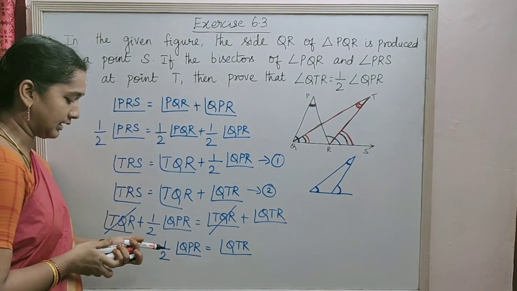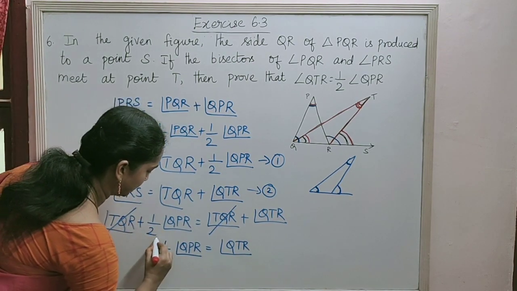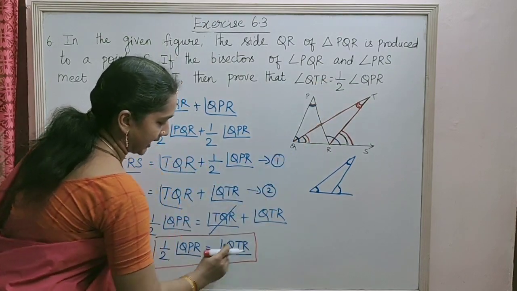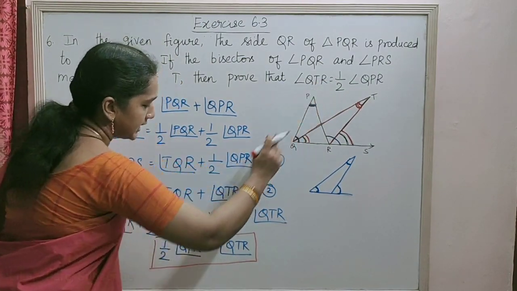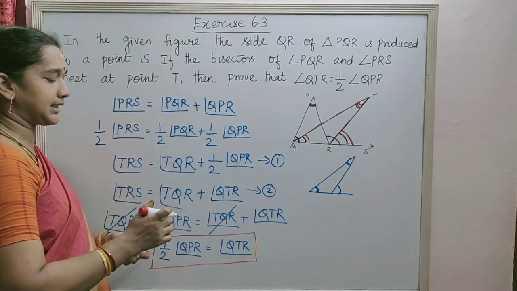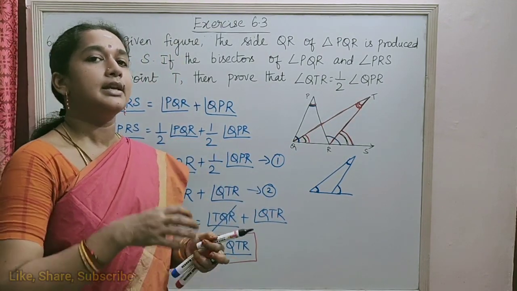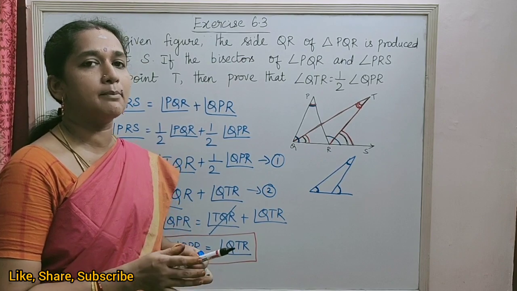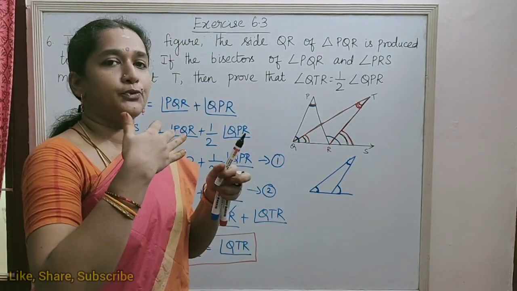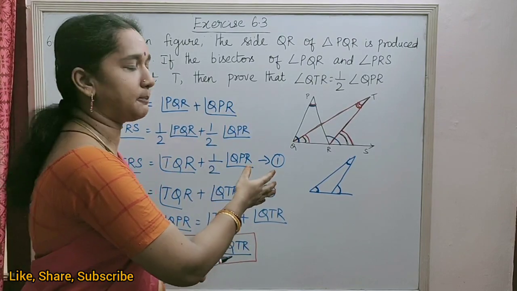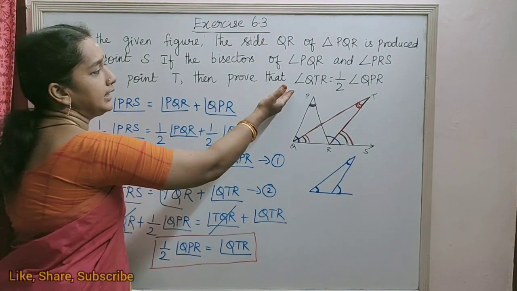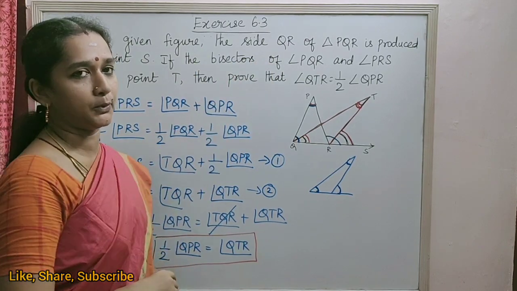This is the thing we are asked to find. In the question, it is given that angle QTR is equal to half of QPR. So in this sum, I am using the property that the exterior angle is equal to the sum of opposite interior angles. Two triangles are there, and for both I am using that property, making two equations and finding what we are asked to prove.